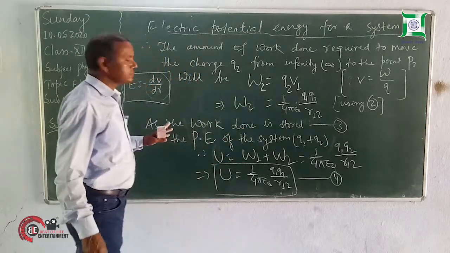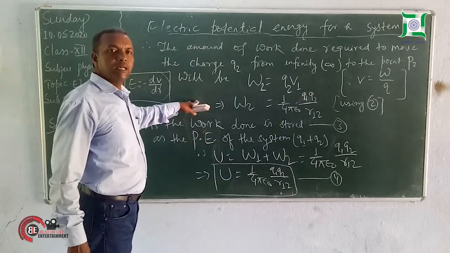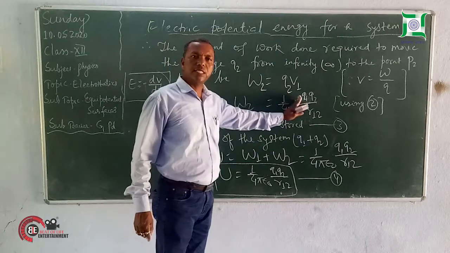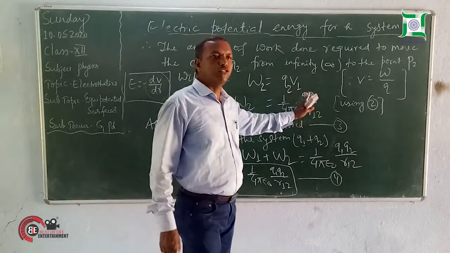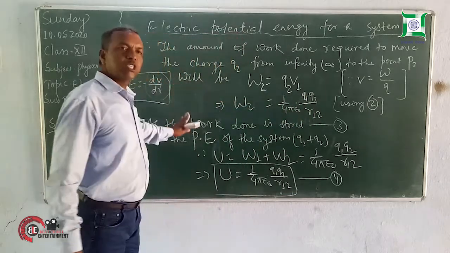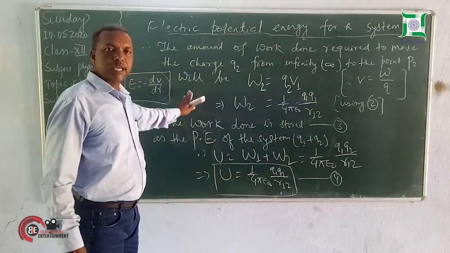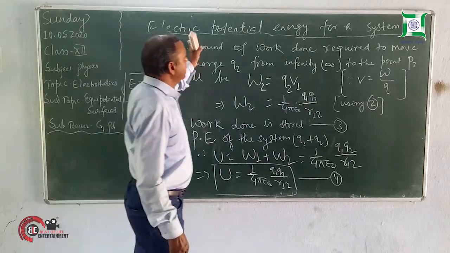The 4th property of equipotential surfaces was that no 2 equipotential surfaces can intersect each other, just like no 2 electric lines of force can intersect each other. Here also no 2 equipotential surfaces can intersect or cross each other.